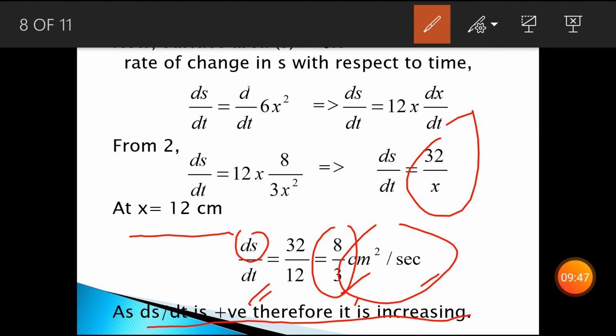So this is how you are going to solve. Very simple. First of all, whatever was given to you, that was volume rate. You have used that, and after that whatever is being asked, that was surface area, that you have calculated and the answer is there.